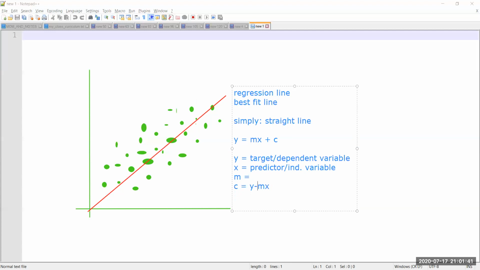If I assume that c is equal to 0, then y becomes mx. If c is equal to 1, then y becomes mx plus 1. This means the straight line or its angle will be determined by this value of c, right?